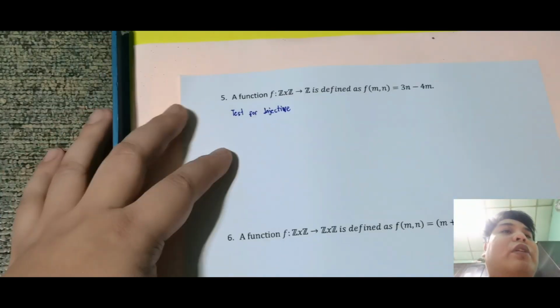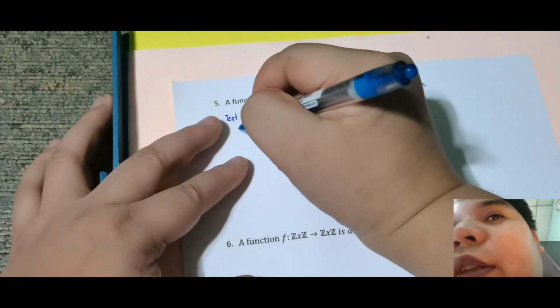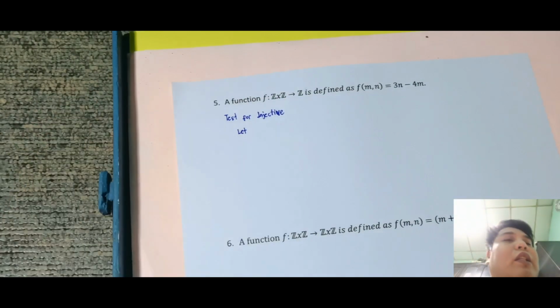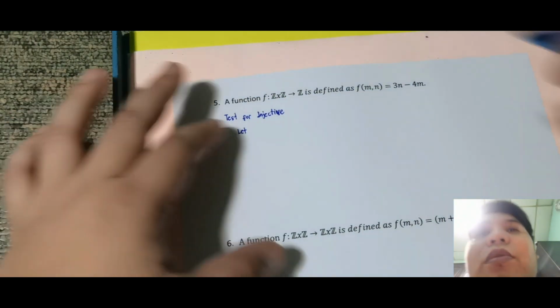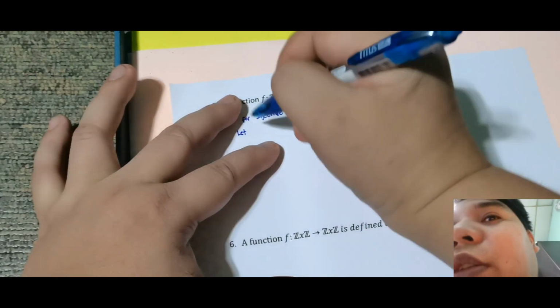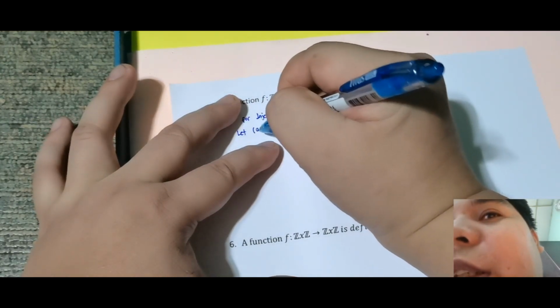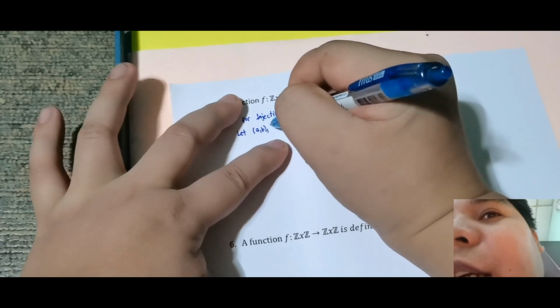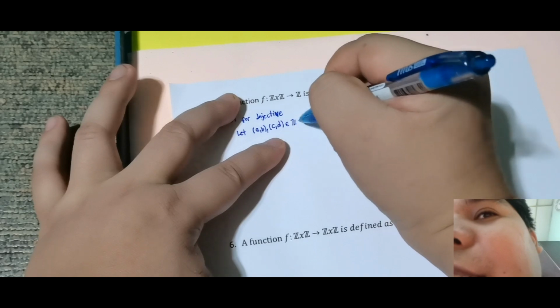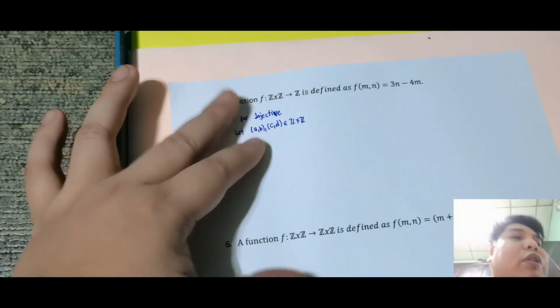Okay, so test for injective. Syempre ang lalagay natin is coordinates x sub 1 and x sub 2. So let x sub 1 at x sub 2 be (a, b) and (c, d), elements ng Z cross Z. Sir, bakit dalawang coordinates?